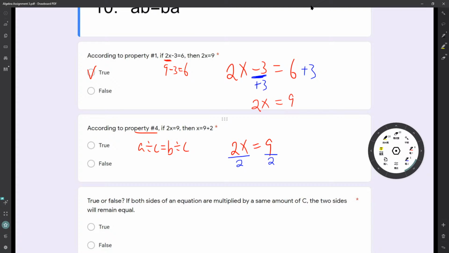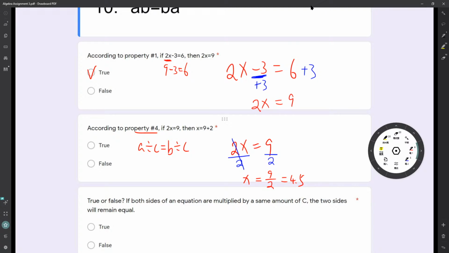If we do the opposite, they will cancel each other, right? 2 divided by 2 cancels, then we only have 1x, and that equals 9 divided by 2. If you use a calculator, you will find this is 4.5. So we can actually solve this, and you can verify 2 times 4.5 is 9. So we divide by the multiple of x.